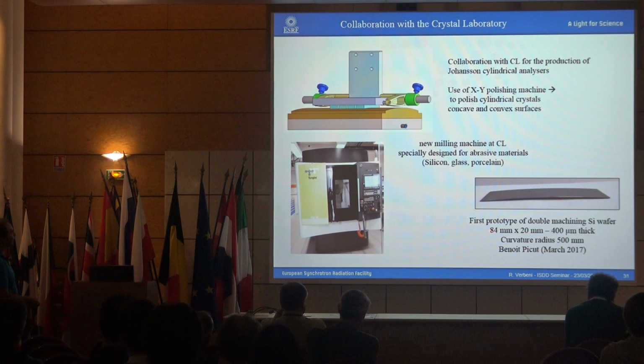This is a wafer 84 by 20, 400 micrometers thick, with a double curvature. This is half a meter on the two surfaces. And this is a very nice starting point for cylindrical Johansson analyzers. So we are really on a good way. The goal is to go down to 200 microns and to polish everything in a mechanical-chemical way on this setup.